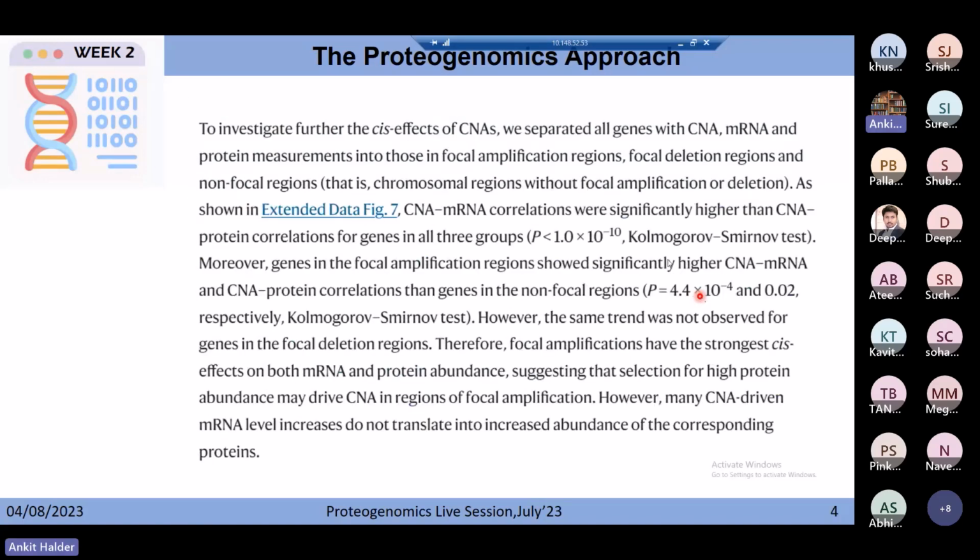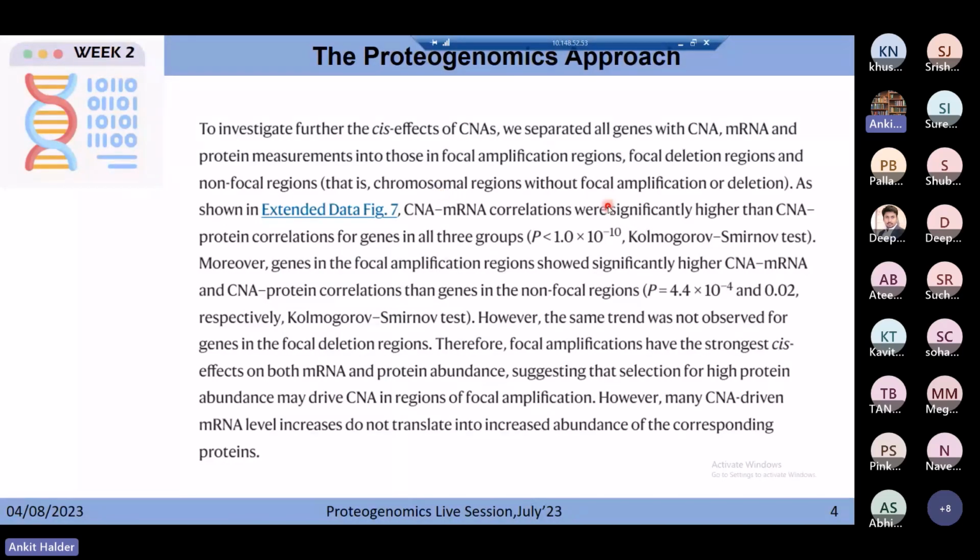Another thing they did was to further investigate the cis effects of CNAs, that is the local presence in a particular region, where you can see that the CNA mRNA correlations were the same.